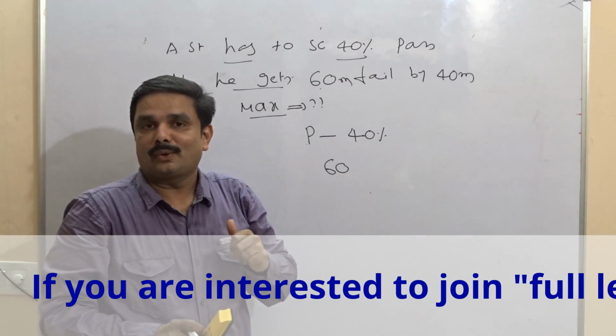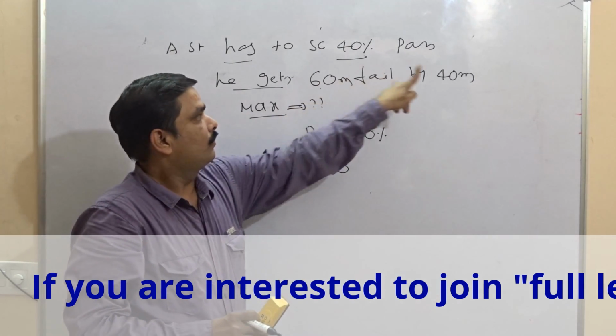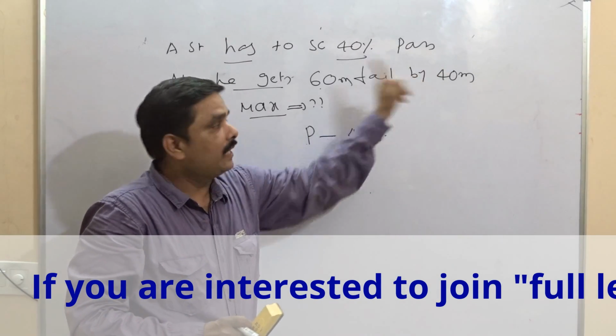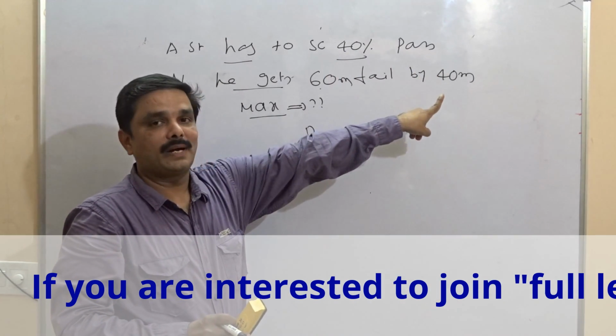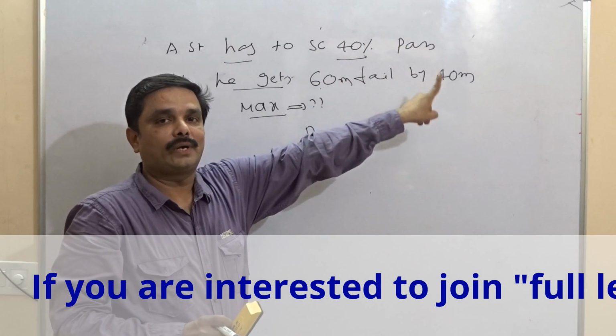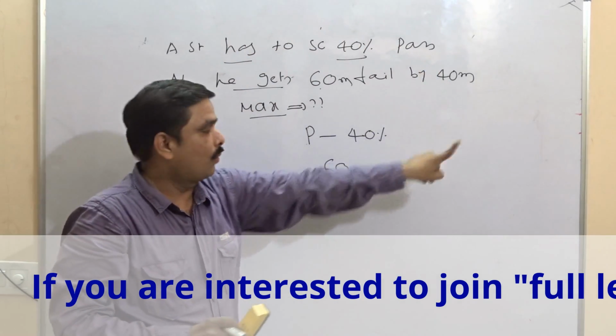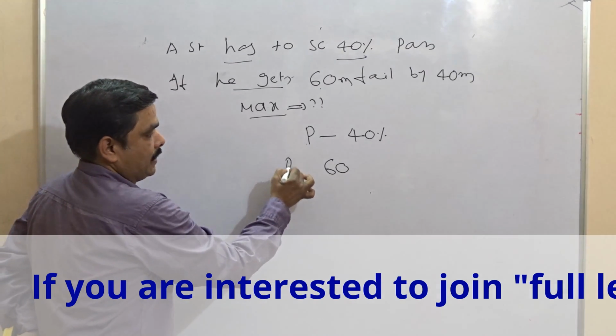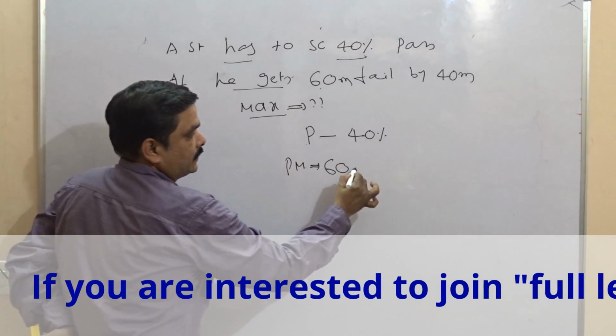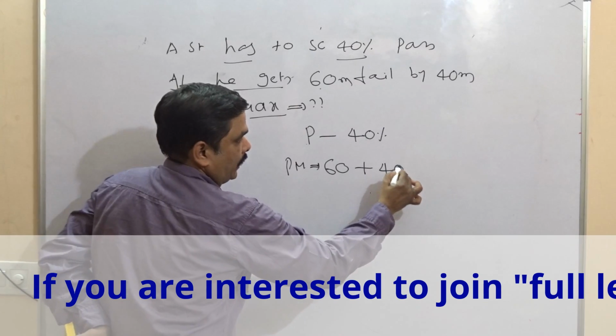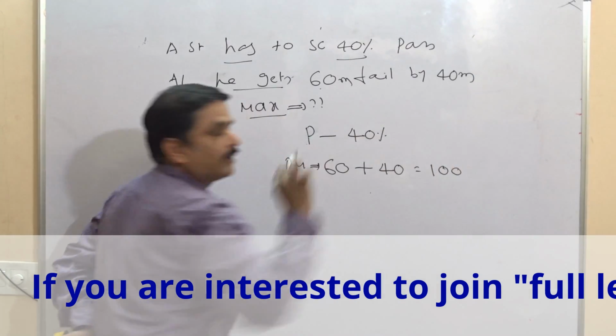How can I come to that conclusion? When he got 60, failed by 40 means if he got another 40 marks, definitely he would have passed the examination. So now pass mark will be 60 plus 40, so that is 100.